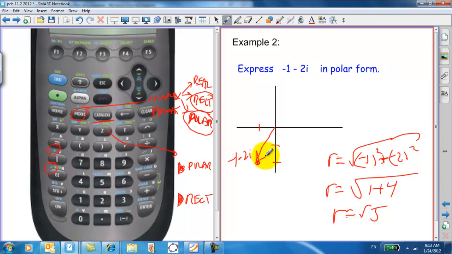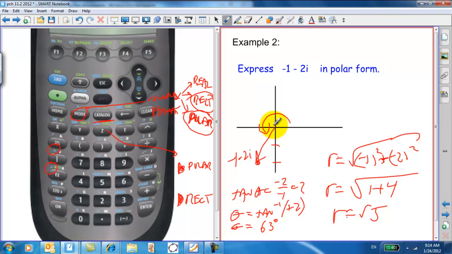And now we want the angle. Well, the angle comes all the way around like that. The tangent of the angle will equal b over a. So that's -2 over -1, which is equal to 2. So theta will equal the inverse tangent of 2. Now, your calculator is going to give you basically the wrong answer. It's going to tell you 63 degrees.